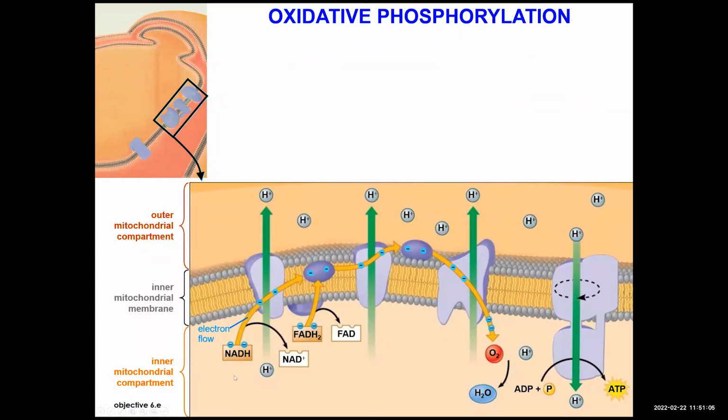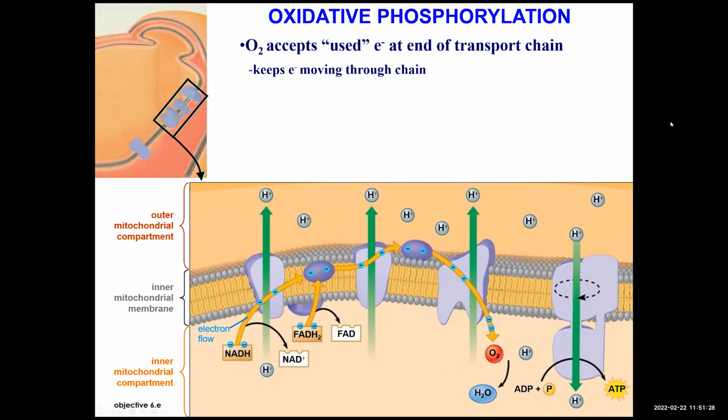We are going to get our electrons and our hydrogen ions from breaking NADH and FADH2. We're going to drive the movement by using oxygen to accept the electron at the end. If oxygen isn't present, then the electron transport chain will end.